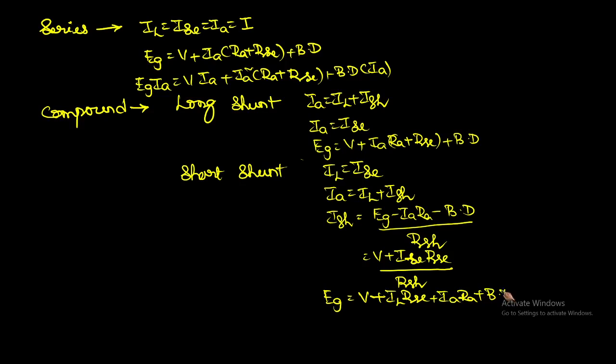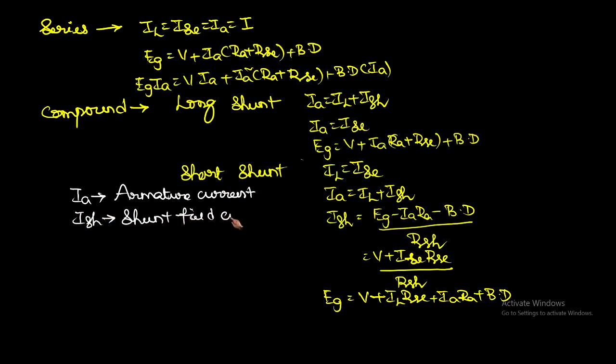The terminology I have used in all these formulas, I am writing here once again. Ia is the armature current. Ish is the shunt field current. IL is the load current.